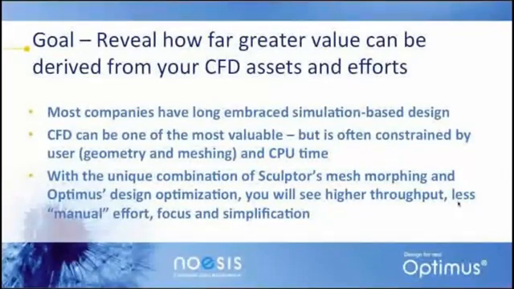So I'm now going to turn it to the next presenter, Mark, who is going to talk about Sculptor and the mesh morphing aspect, which is almost like icing on the cake. It's a fantastic combination. So Mark, you can unmute yourself, and I'll hand the control over to you.